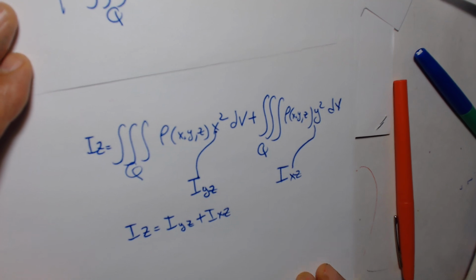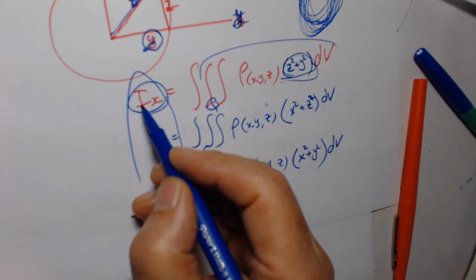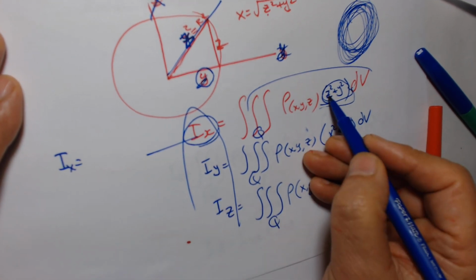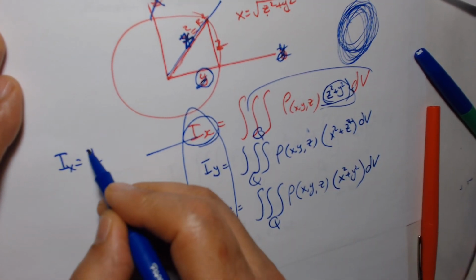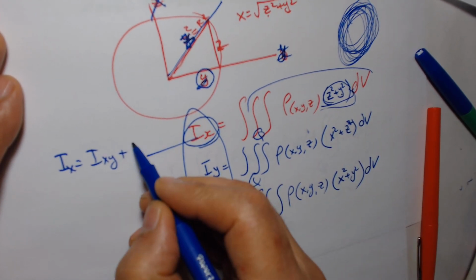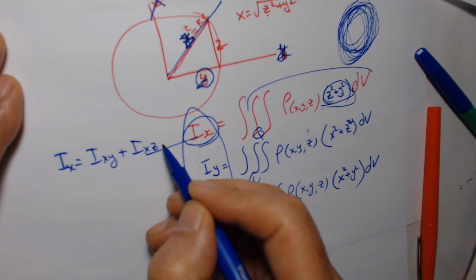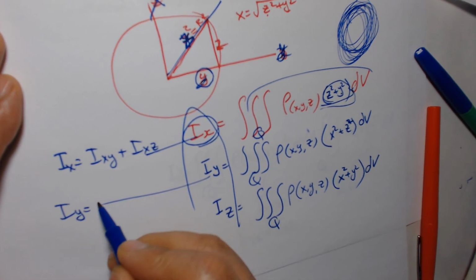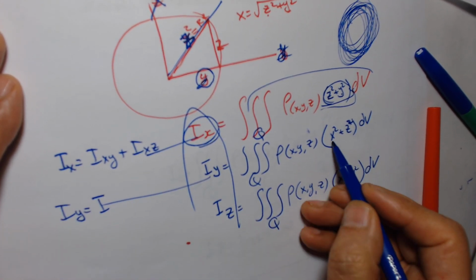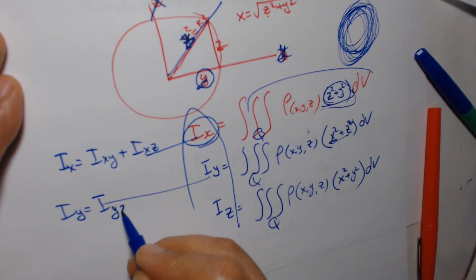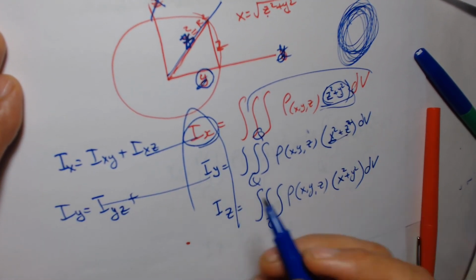And if I want to do this one right here, I can write Ix as Ixy plus Ixz. And for this one, I can do Iy equal to Iyz, this is x squared, plus Ixy, this is z squared.